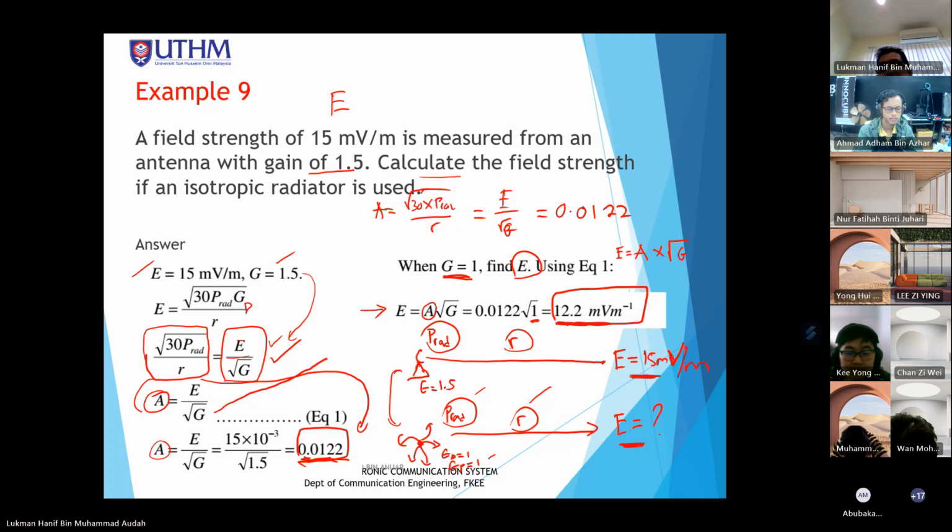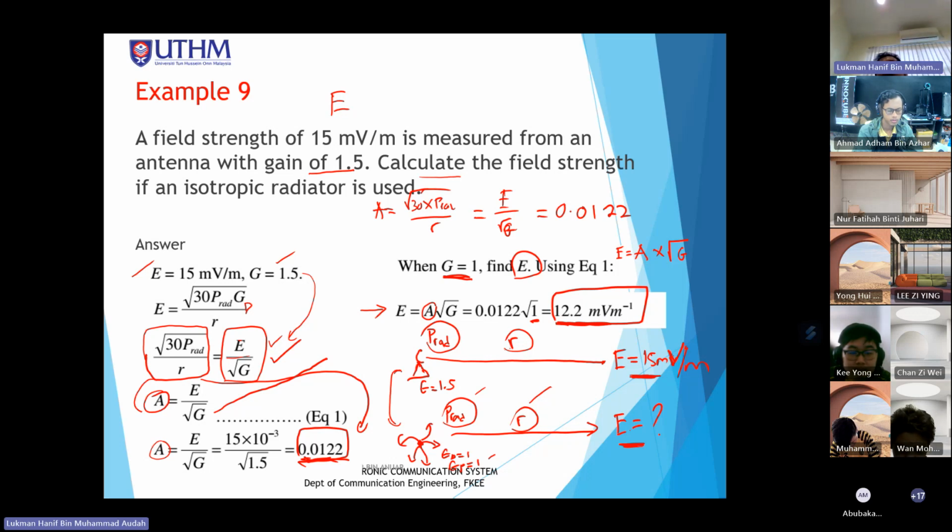We're going to see another example so that you can have more understanding about this. The final exam question looks like this. You will be given a parameter of a real antenna, and then you will be given the E parameter, the electric field.